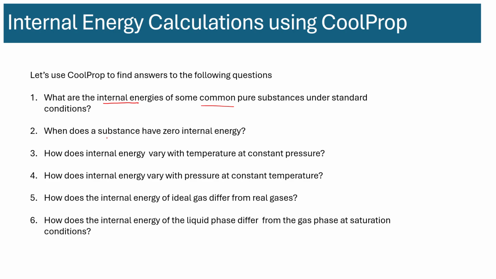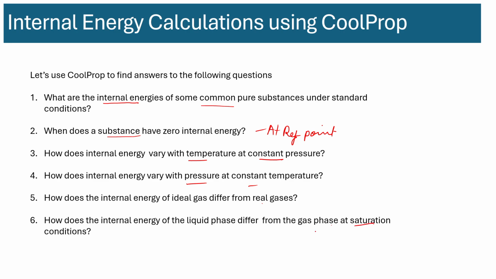When does a substance have zero internal energy? At the thermodynamic reference point. How does internal energy vary with temperature at constant pressure and vice versa? How does internal energy of an ideal gas differ from real gases? How does the energy of the liquid phase differ from the gas phase at saturation?